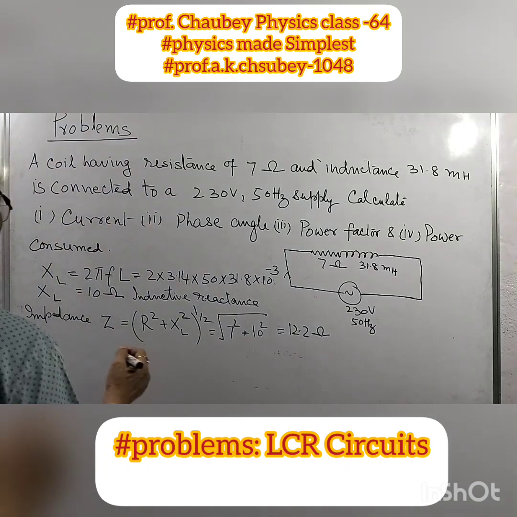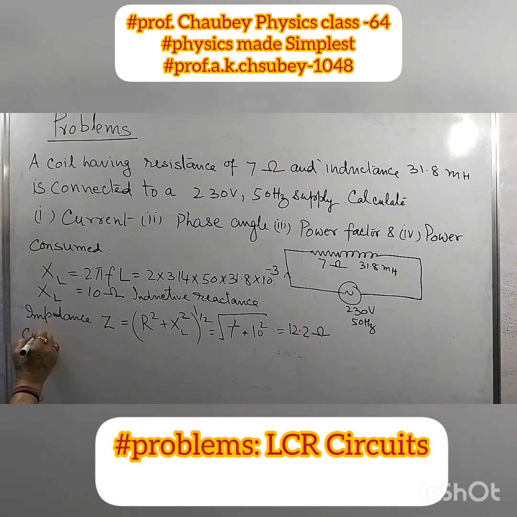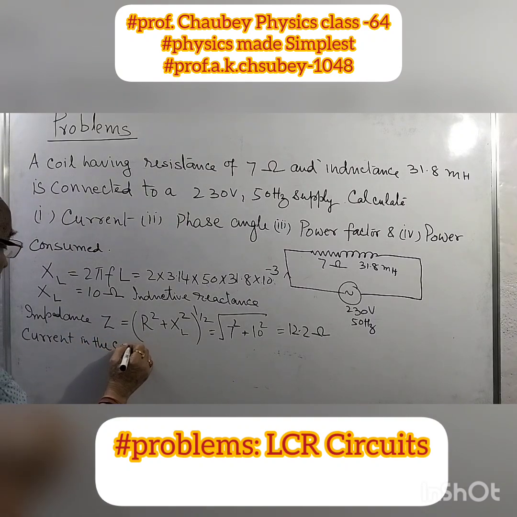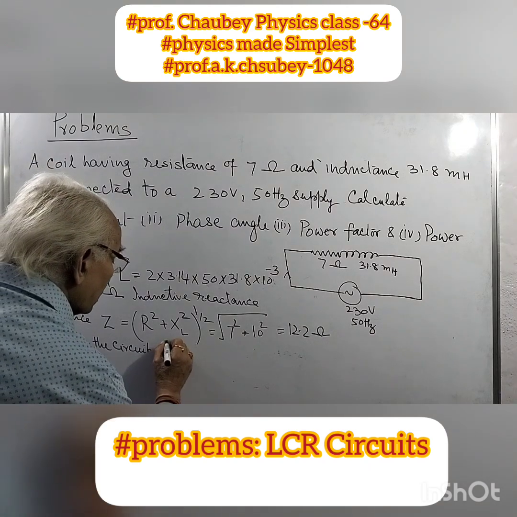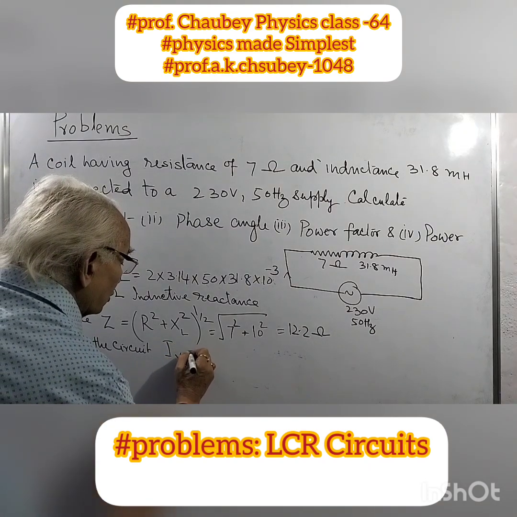Then we can get the current in the circuit. What will be the current in the circuit? That is IV equals EV over Z. That is the average current or RMS value.